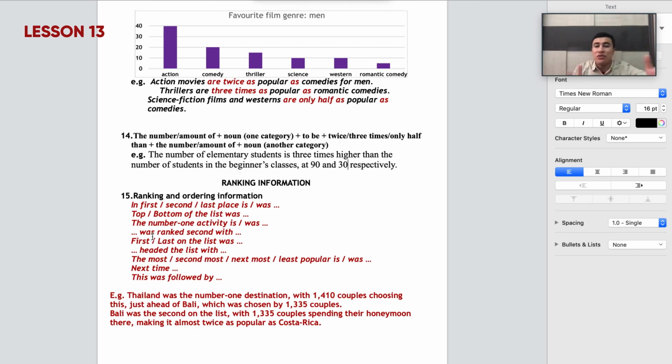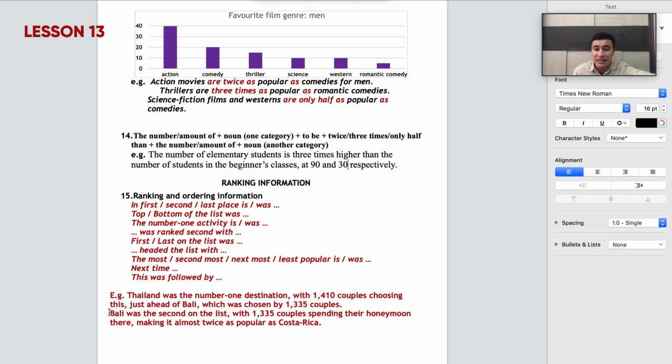Okay, something was ranked second with, first, last on the list, headed the list, the most, second most, next most, the least popular is or was, next, this was followed by. Okay, you can use these words and phrases to rank and order information.